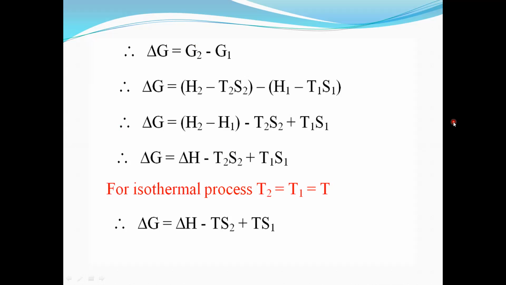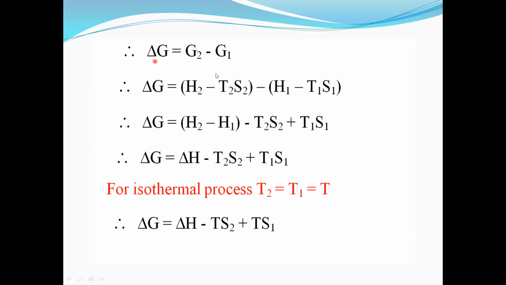Next, we calculate the change in Gibbs free energy, that is delta G. Therefore, change in Gibbs free energy is given as delta G is equal to G2 minus G1. Now put the values from equation 2 and 3.